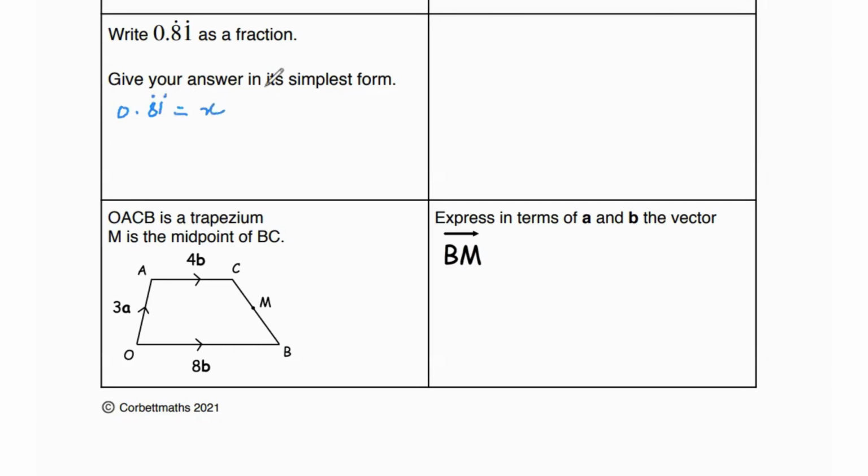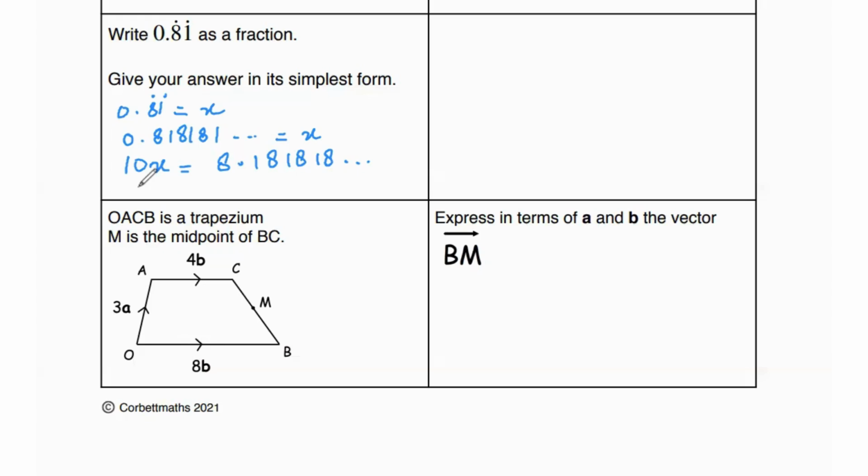So if 0.81 recurring equals x, that means our number is 0.8181 because 81 is the recurring number. Now I'm going to multiply x with 10, let's say. So 10x would give us 8.18 recurring now. We've moved the decimal one place to the right-hand side.